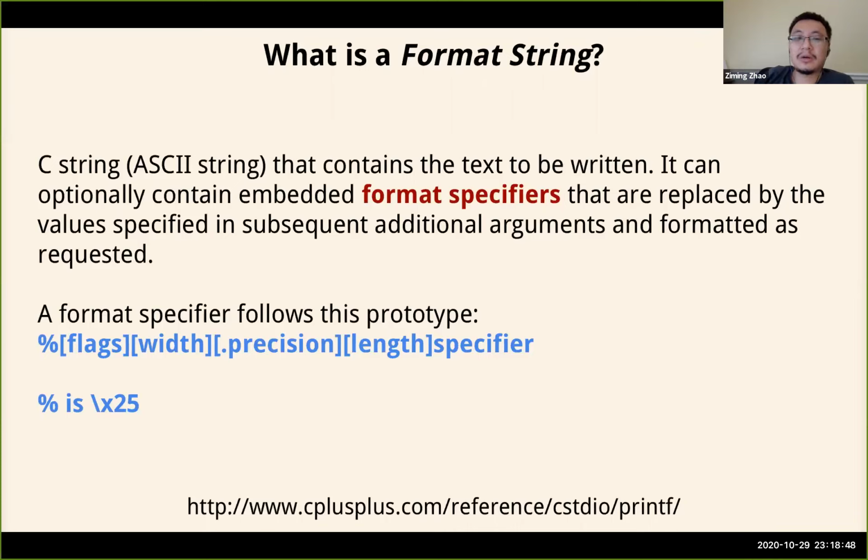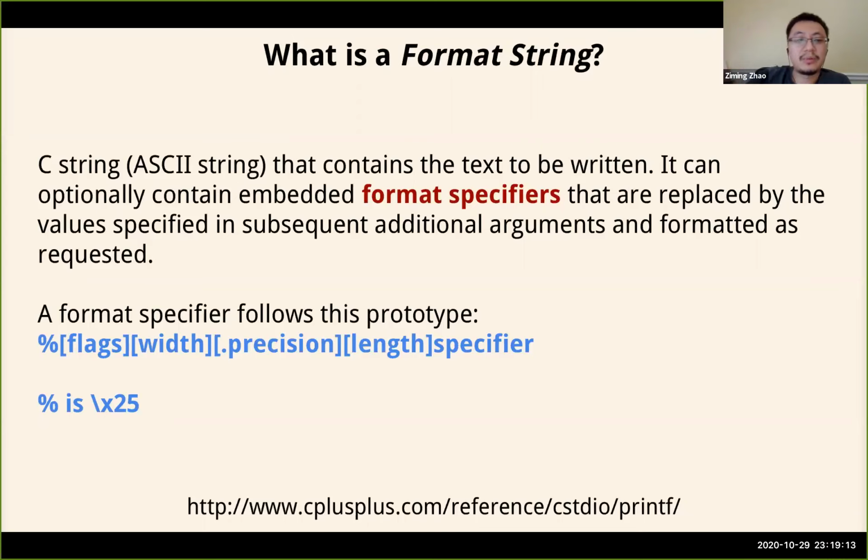But it can also have some special characters, which in this case are called format specifiers. And those format specifiers will be replaced by values specified in subsequent arguments and formatted as requested.